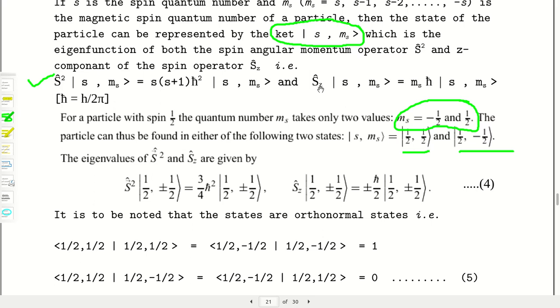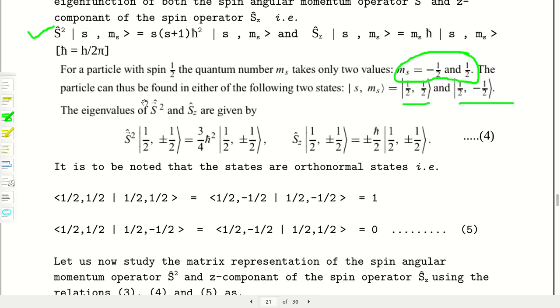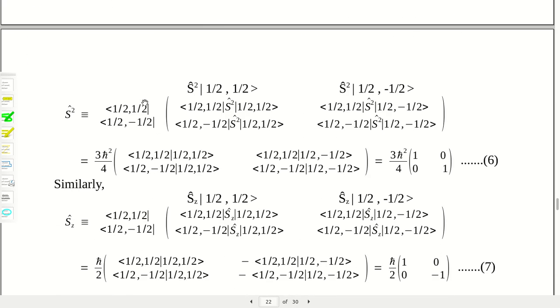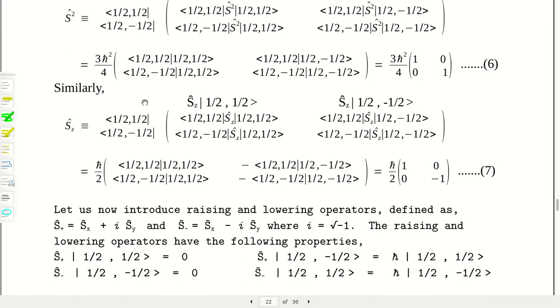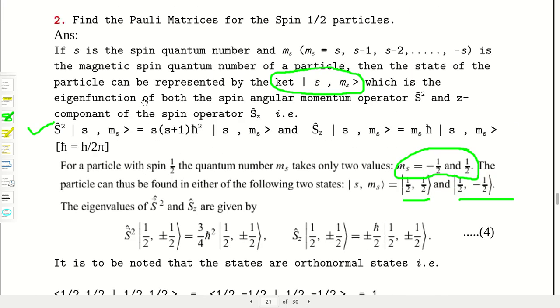What is s square? S square is equal to sx square plus sy square plus sz square, just like the angular momentum operator, which was L square is equal to Lx square plus Ly square plus Lz square. X, y and z are the three mutually perpendicular directions.